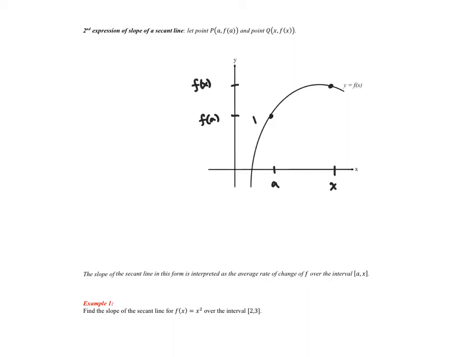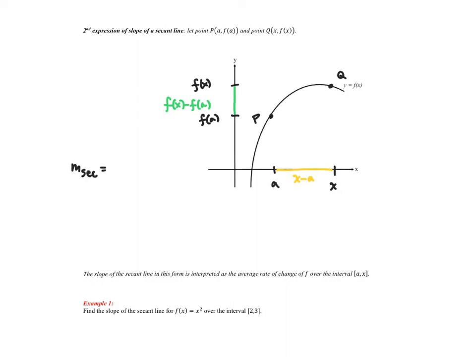We're going to call this first point P like we did before, and Q. So this distance right here is no longer h. It's going to be considered x minus a. And this distance right here, of course, will be our change in y, or f of x minus f of a.